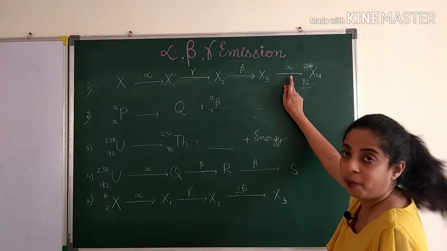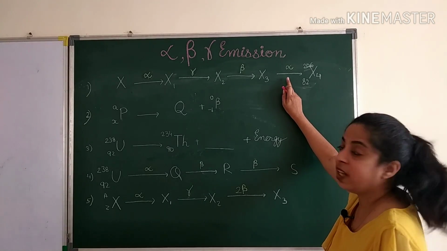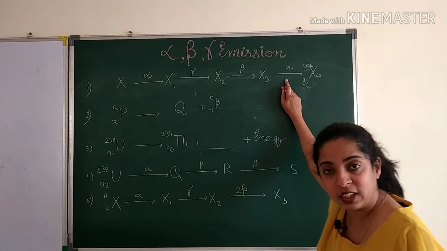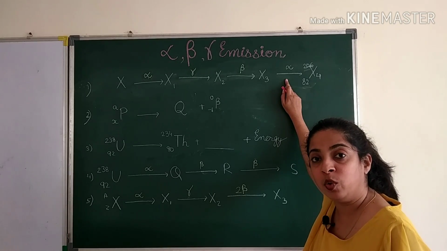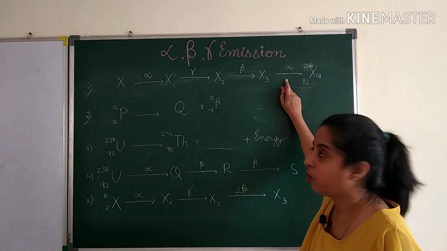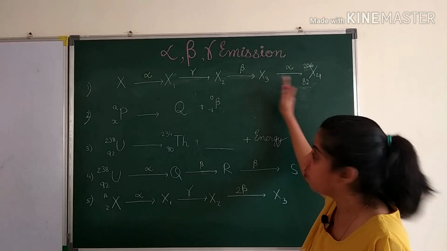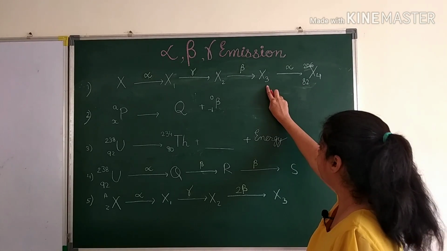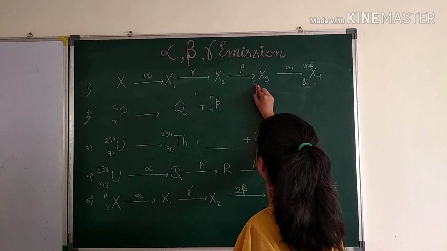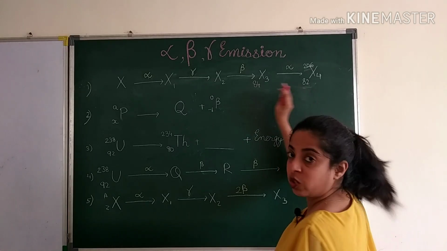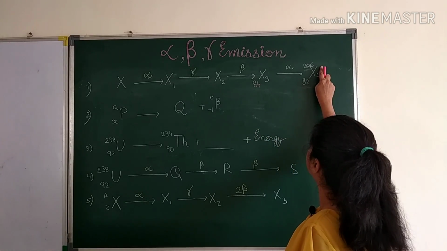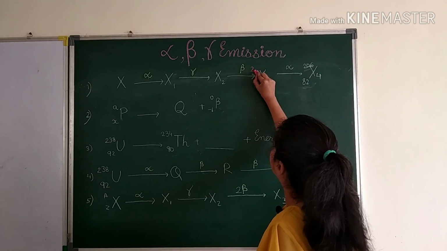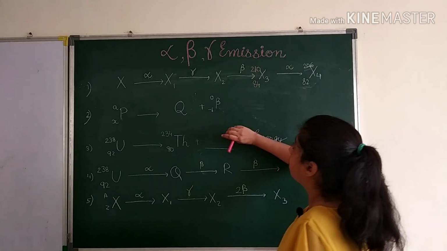In the last step, an alpha particle is emitting. In alpha, we subtract 2 from the atomic number and 4 from the mass number. Since we are going in reverse, we will add. So when we go to X3, it will become 84, because we are going back. Here there is 206, so we will write 210 here.